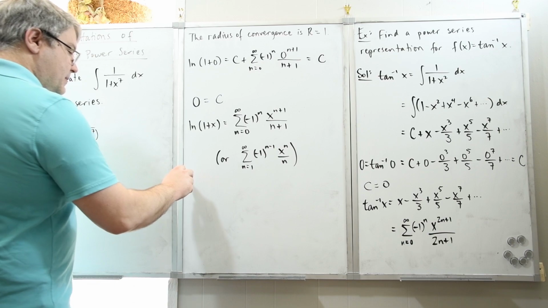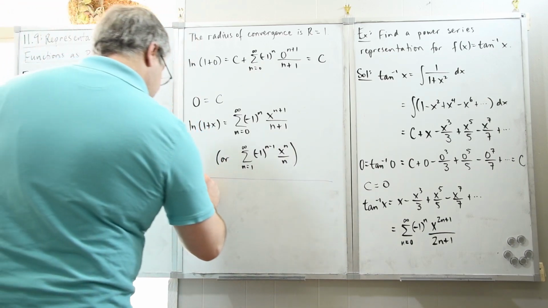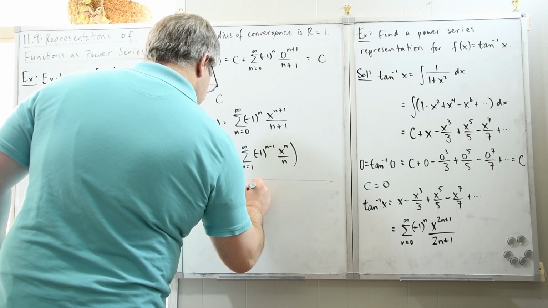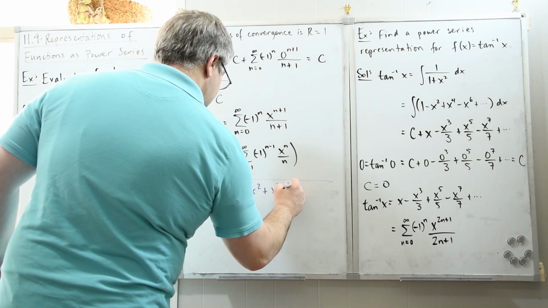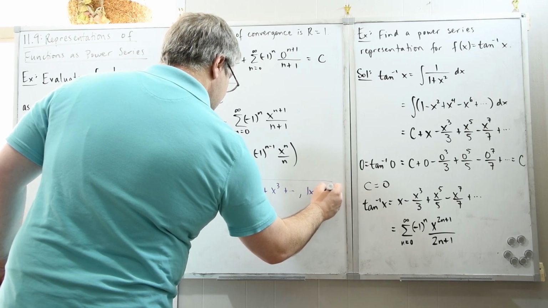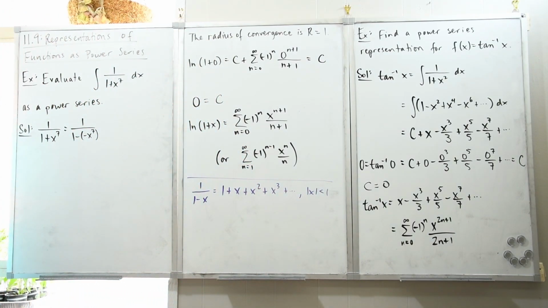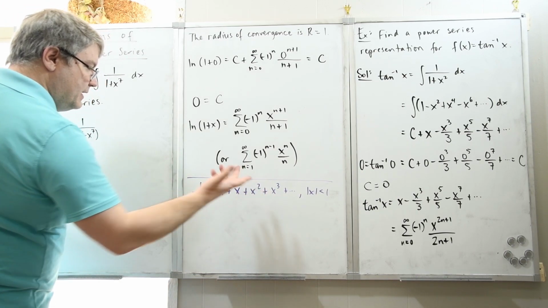And let's still keep in mind that 1 over 1 minus x is 1 plus x plus x squared plus x cubed, and so forth, whenever the absolute value of x is less than 1. Then this 1 over 1 minus a negative x to the 7th can be represented by replacing all the x's here with negative x to the 7th.